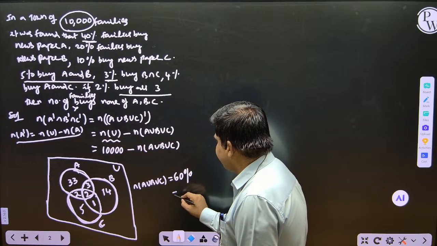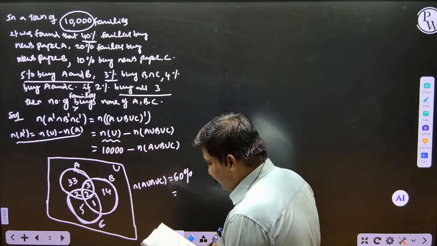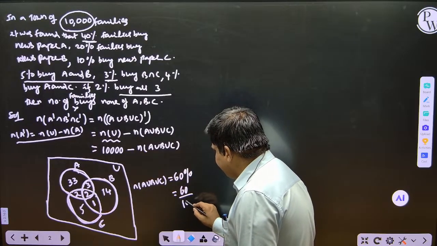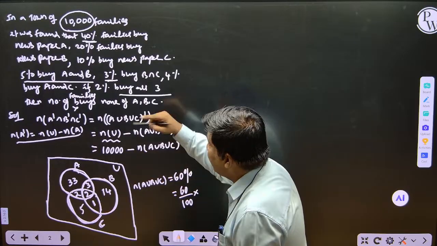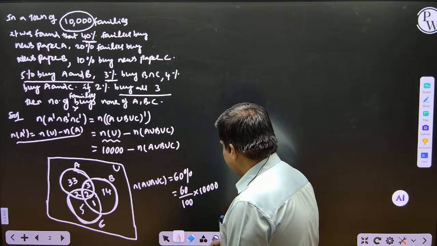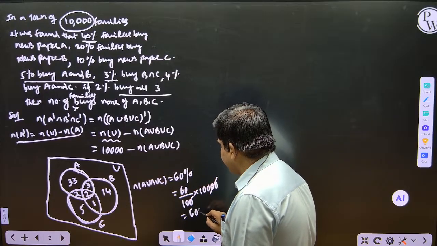Now you require 60% of the 10,000 families: 60 by 100 into 10,000, which gives 6,000 families.